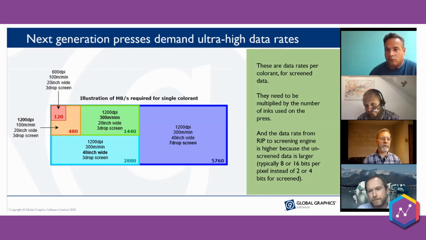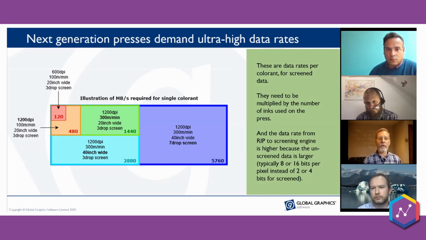So obviously, if you're on monochrome press, then that is the total, but most people are on CMYK or more. So multiply it up by 4 to get to CMYK data rates. Then you go into other spaces that require more than just CMYK. So in labels and packaging, you might be adding extended gamut colorants, orange, green, violet, or white and/or varnish.